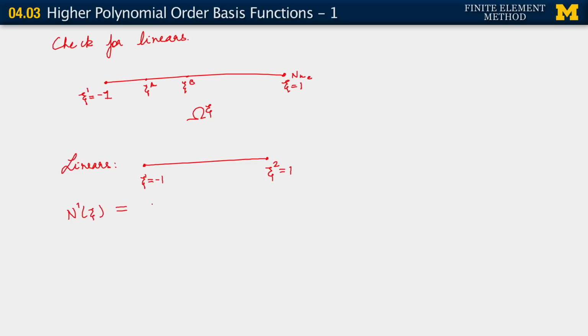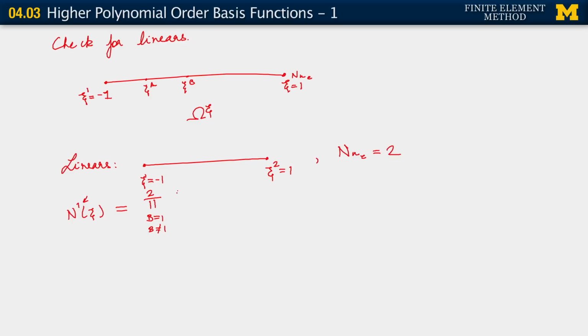N1 is going to be the product B equals 1 to NNE, which is 2, because for linears, we know that the number of nodes in the element is 2. However, B cannot be equal to A. On the left-hand side, we have A equals 1, right here. So we are saying B goes from 1 to 2, but B cannot be equal to 1.